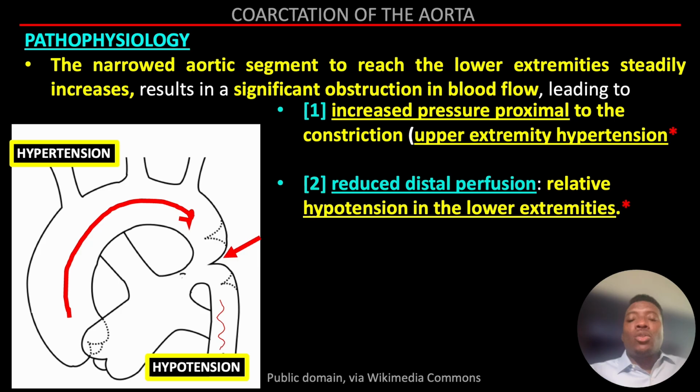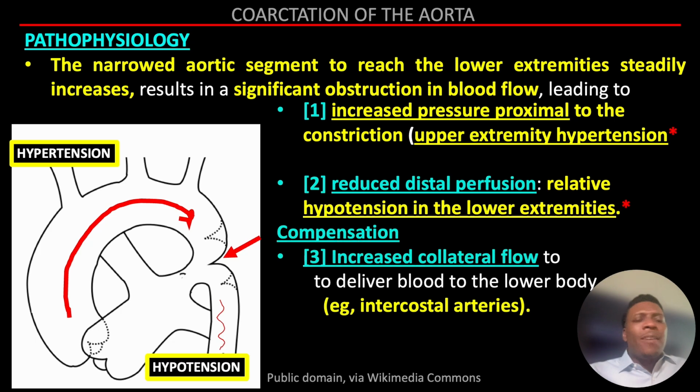The 3 main issues that can occur with this is that you have this increased blood pressure proximal to the constriction, which results in upper extremity hypertension. Because there's less blood flow distal to the narrowing, you're going to get decreased blood flow to the lower extremities. Your body says, wait, I got to fix this.